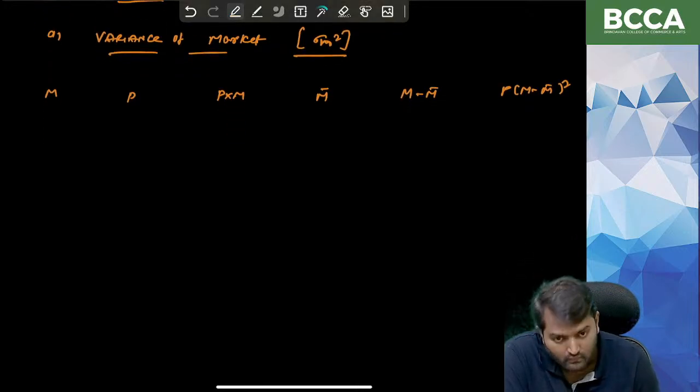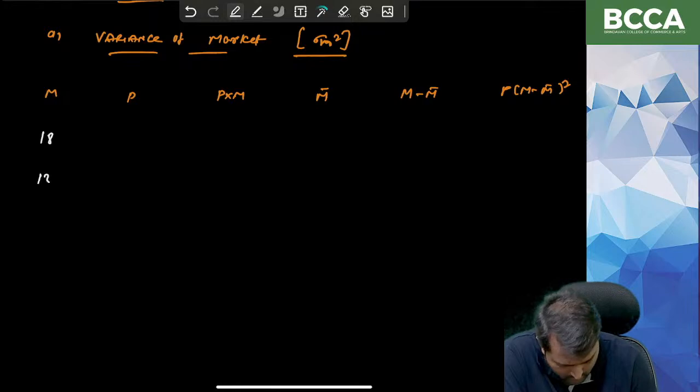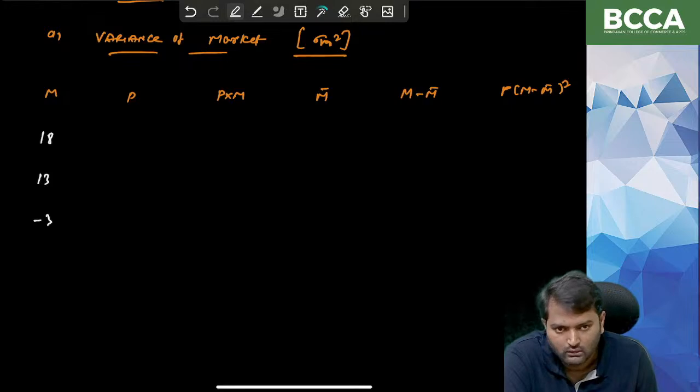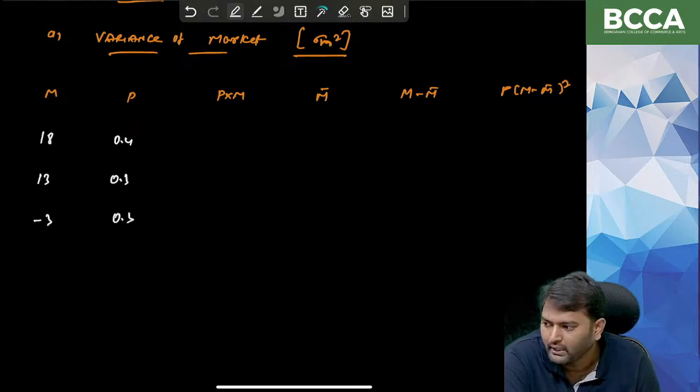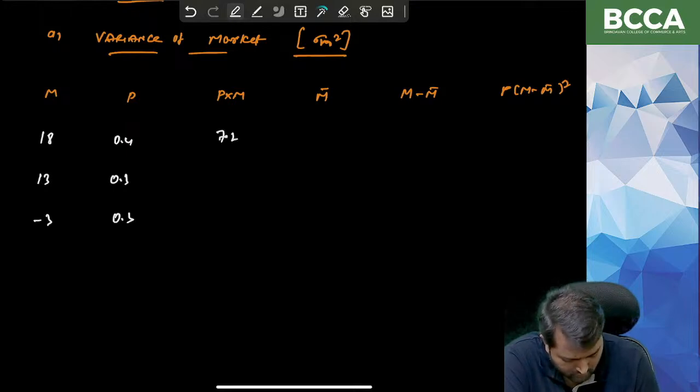So tell me M: 18, 13, minus 3. What about probability? 0.4, 0.3, 0.3. 0.4 into 18 is 7.2, 3.9, minus 0.9.